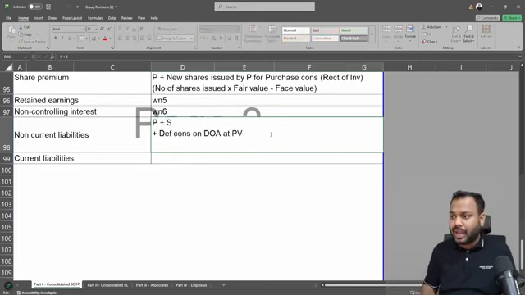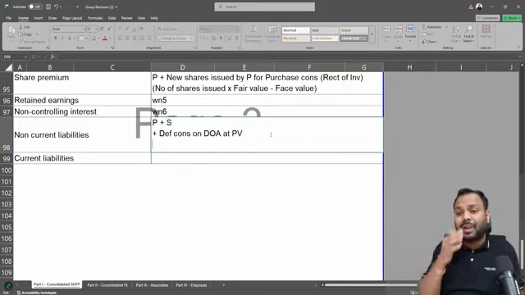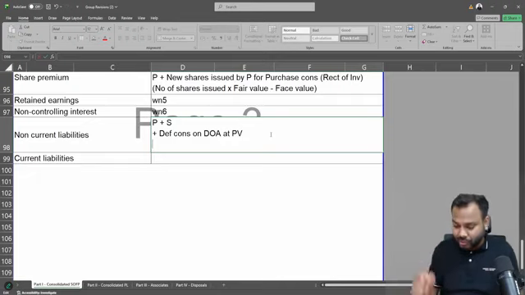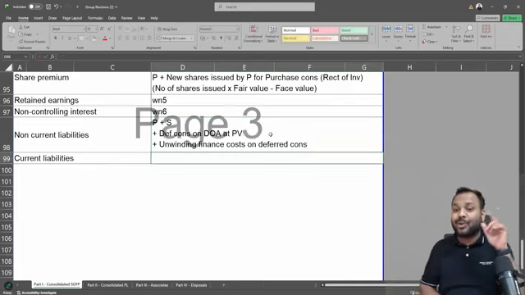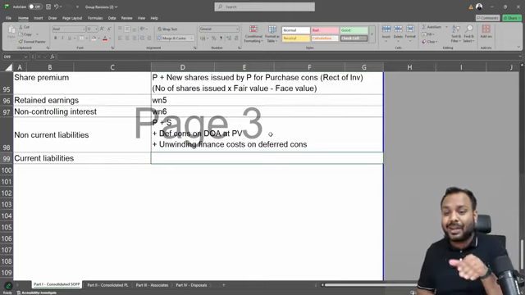Now further, what will happen also? If we have deferred consideration at present value on date of acquisition, then we will also have the unwinding finance costs on deferred consideration. What is the treatment of unwinding finance costs? It is consol RE account debit to deferred consideration.